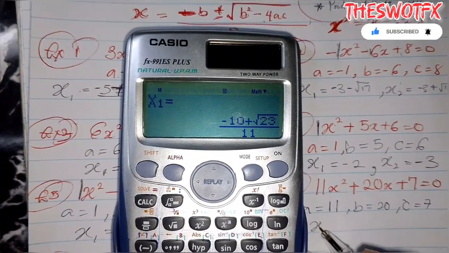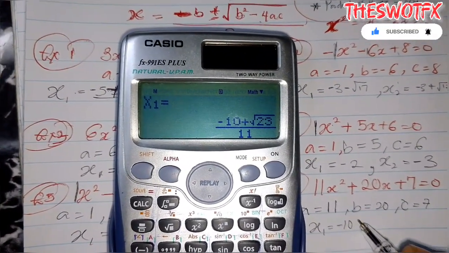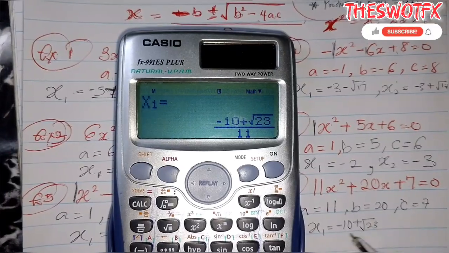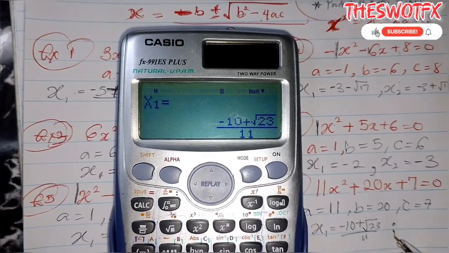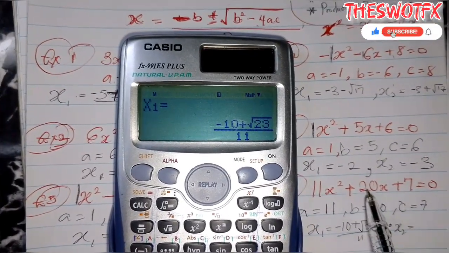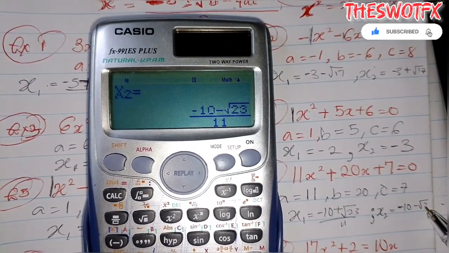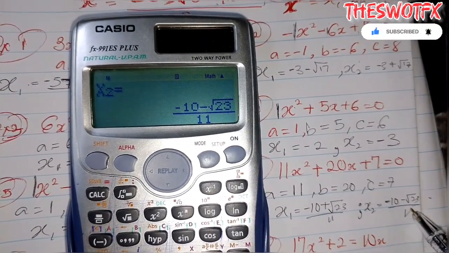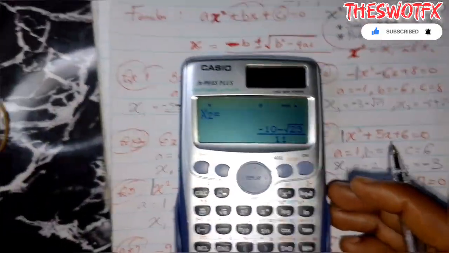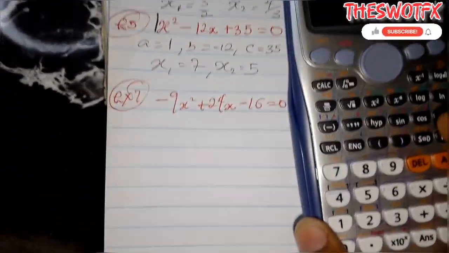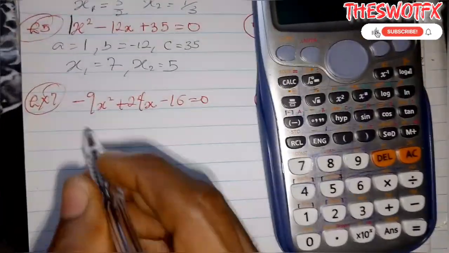So x1 is minus 10 plus root 23 over 11. Then x2 is, press equals to again, minus 10 minus root 23 over 11. Alright, good. So let's go to the next one, which is number 7.